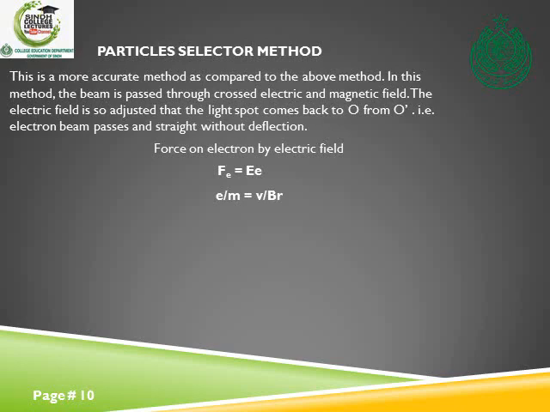Now e by m is equal to v by BR, as we have derived this equation earlier. Now the magnetic force is Bev. Since both forces balance each other, that is, when the electron is deflected by the magnetic force, we adjust the electric field in such a way that both fields balance each other and the electron beam goes undeviated, or moves in a straight line.